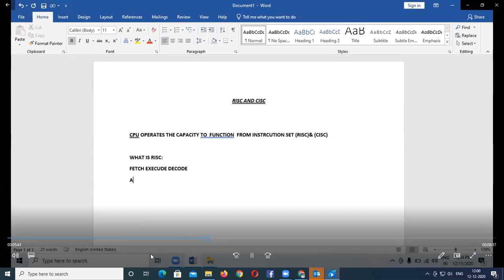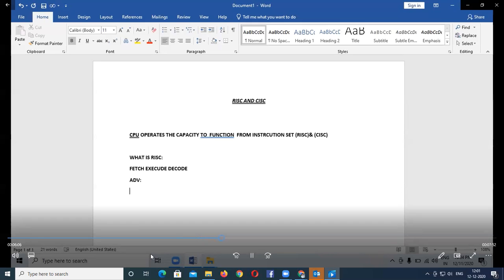Then the advantages of this. In RISC, the advantage is that the performance of the processor is good because of the easy and limited number of instruction sets. This processor uses fewer transistors in design, so the making is cheaper.